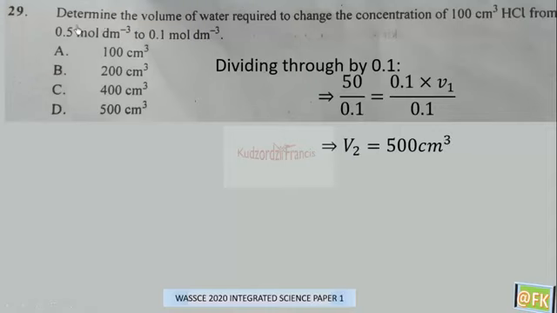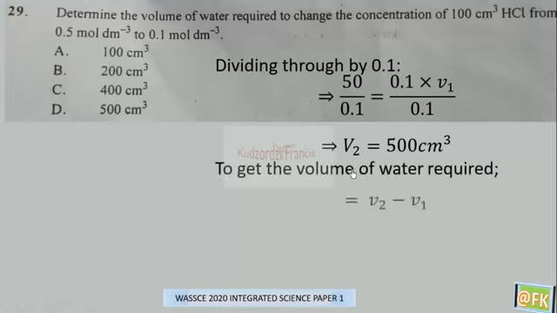Come back to the question. We have to determine the volume of water required to change the concentration. So to get the volume of water added to the initial volume, we have to subtract initial volume from the final volume.